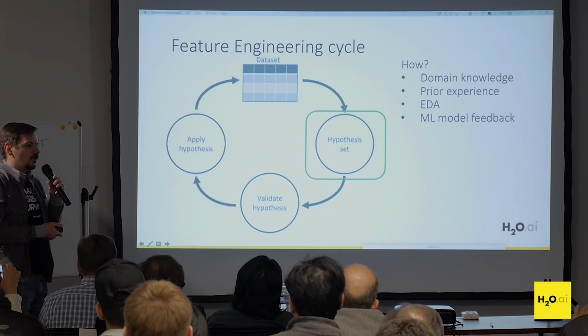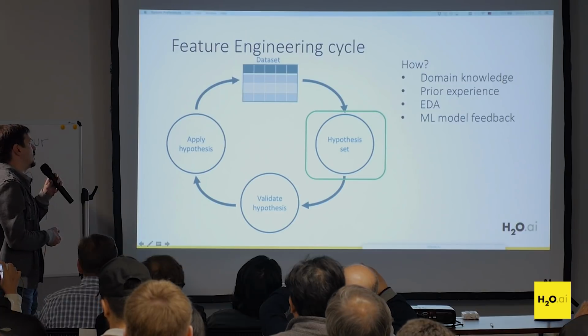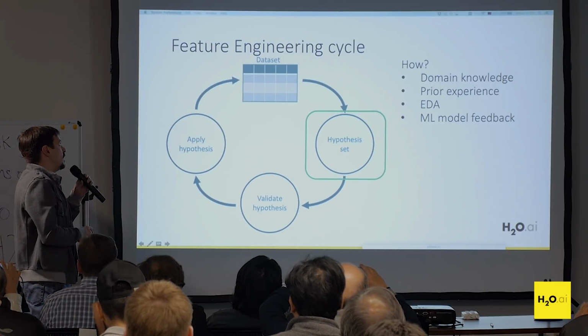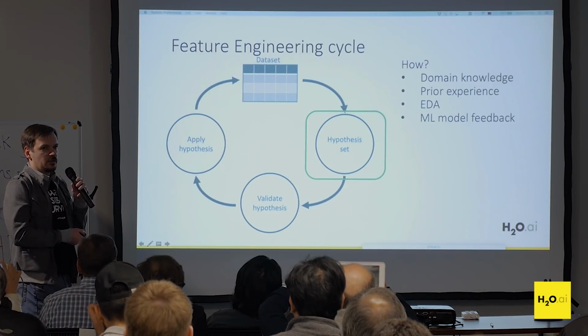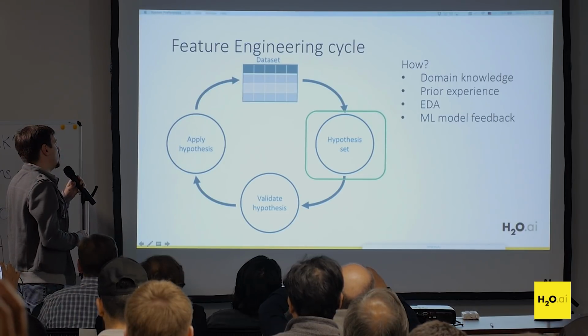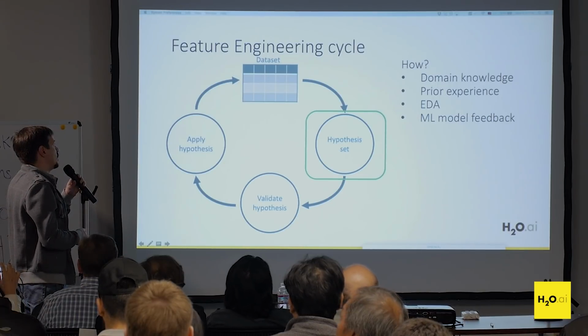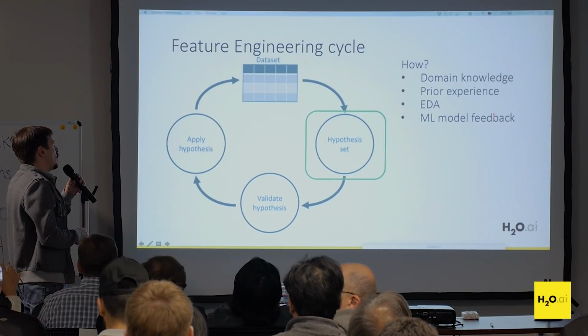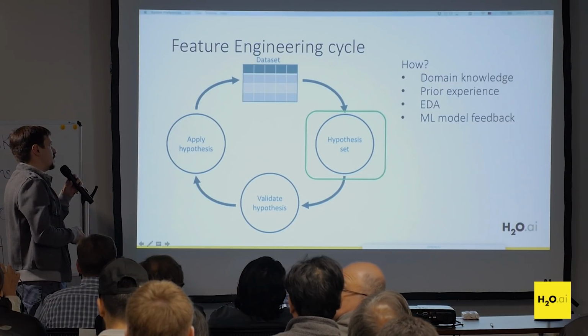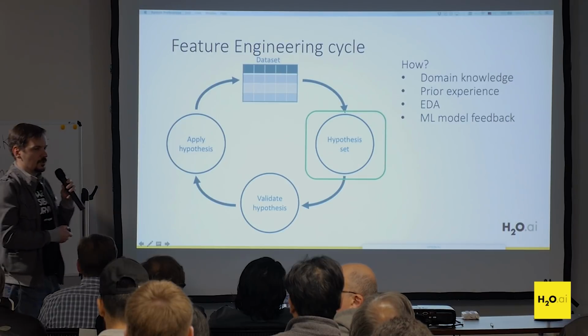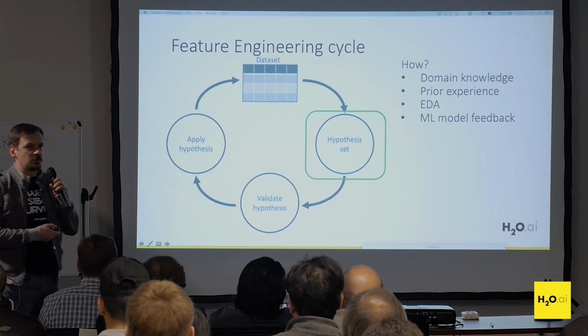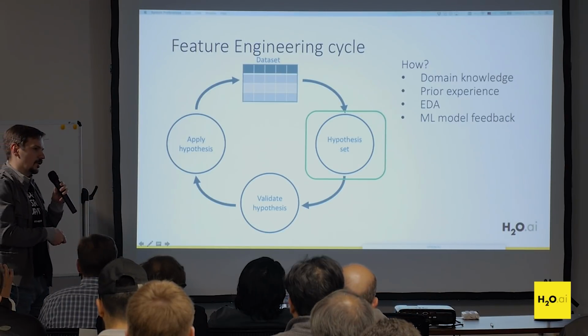So what's the source of your hypothesis, basically? Well, obviously, if you're a domain expert, that's a significant source of your knowledge. That's how you can build different features out of your raw features. If you don't have domain knowledge, of course, you can use your prior experience, based on the nature of the data. Is it a numerical field? Is it categorical? How many category levels do you have?